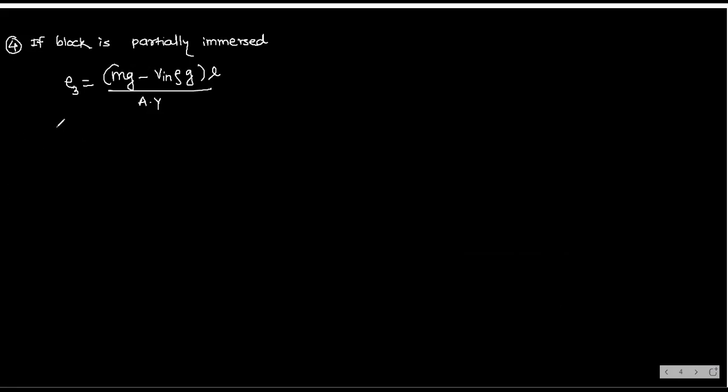So where V inside is what? Volume inside liquid of immersed block. Next one, L is what? Length of wire.